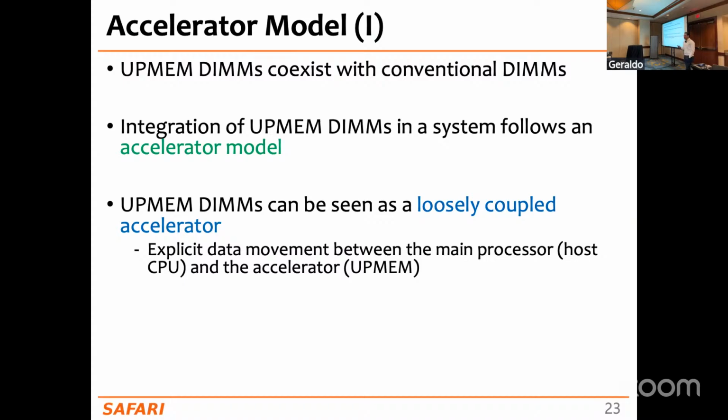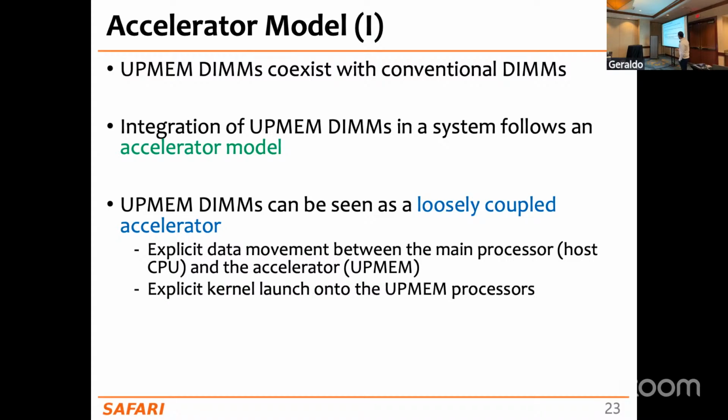You have to identify the kernel that you want to offload to these UPMEM DIMMs, write some code for them, then move data from the conventional memory to the UPMEM memory, trigger the computation, and then copy the output back to the regular main memory. As I mentioned, this is quite similar to GPU programming.